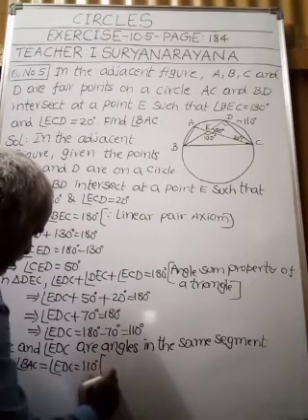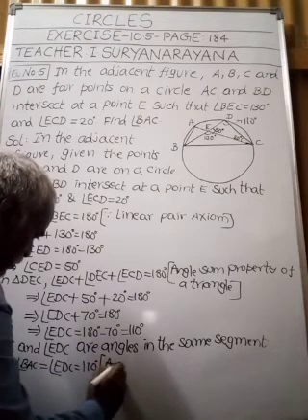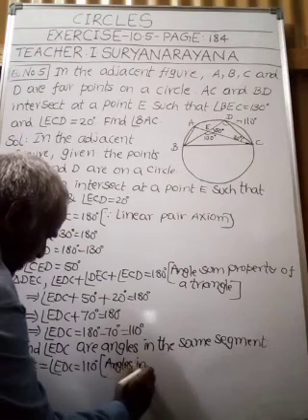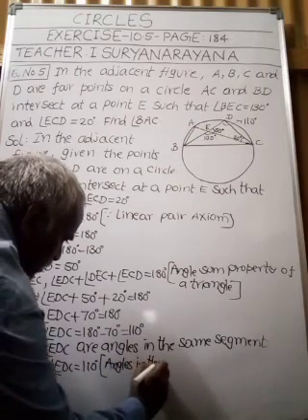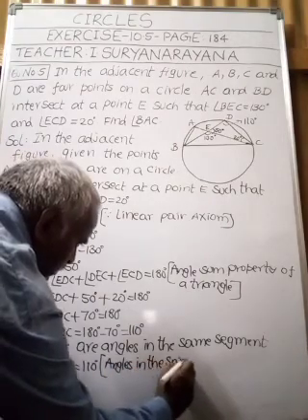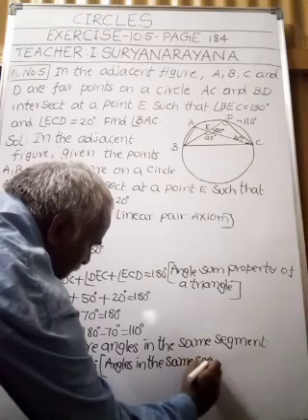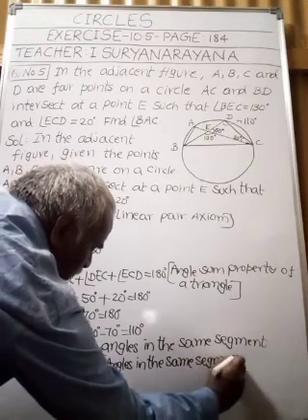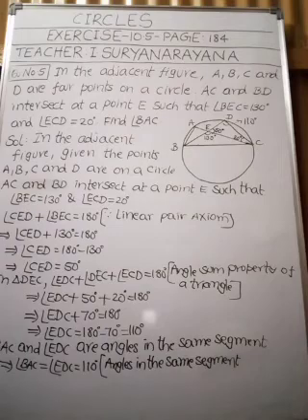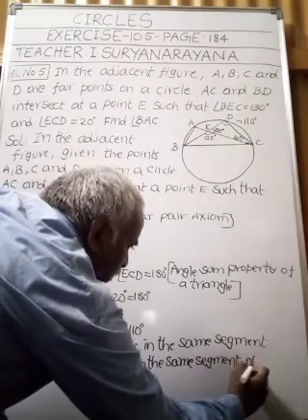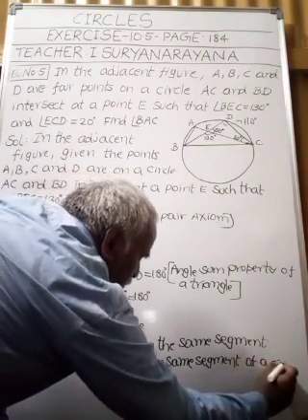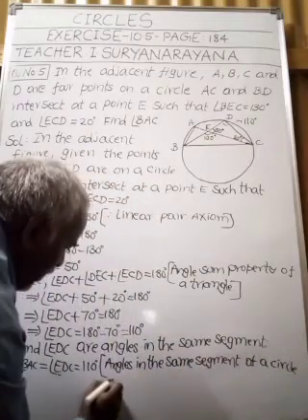Because angles in the same segment of a circle are equal.